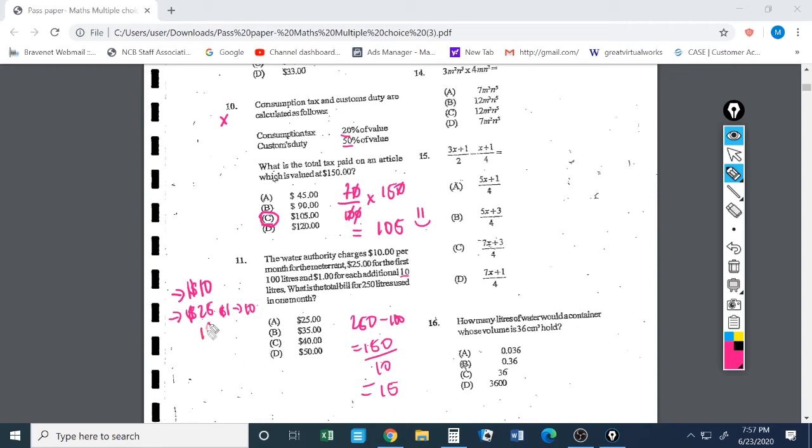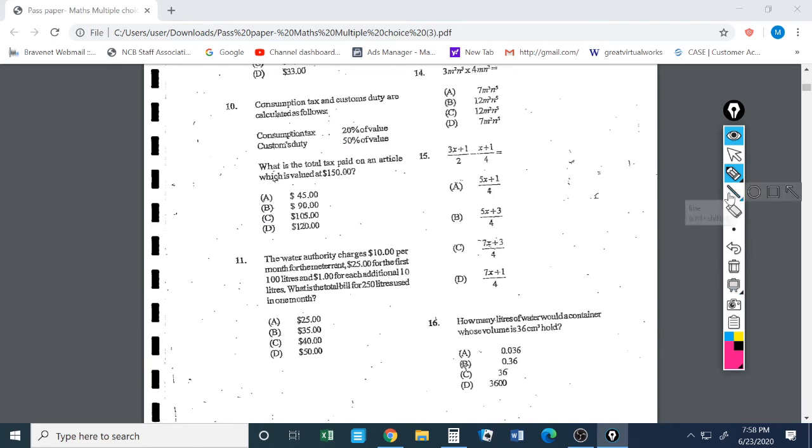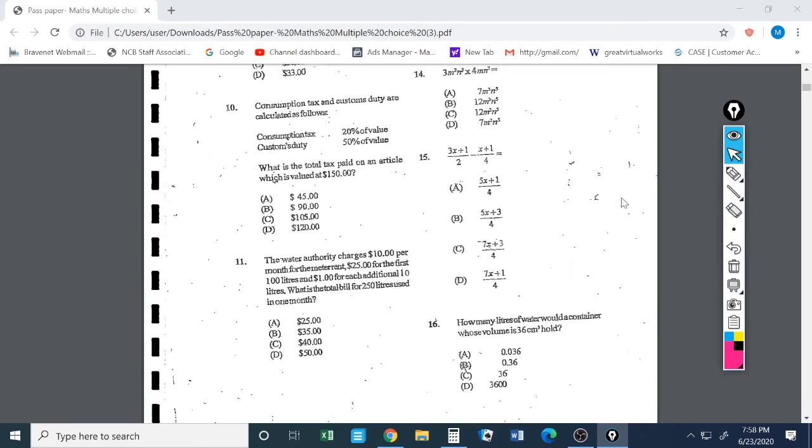So we're going to get $15 added to the $10 added to the $25. 15 plus 25 should give us 40, plus 10 would give us 50, and D is the answer. All right, cool. So D is the answer, and let's move on.